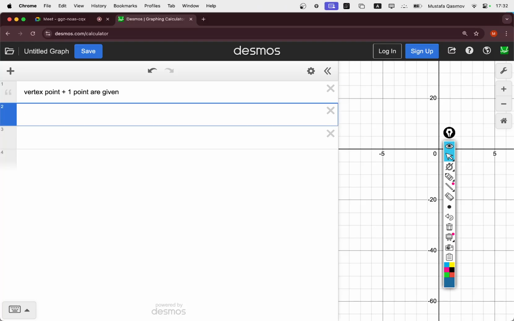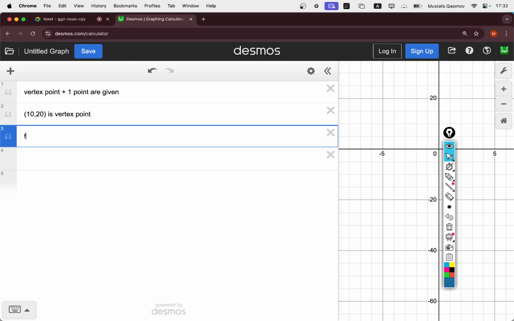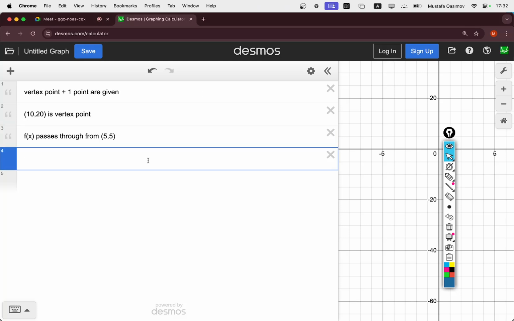So for example, let's say 10 and 20 is the vertex point, and also f of x passes through, let's say, 5 and 5. I don't know, 5 and 5. What's the function? Find its function.